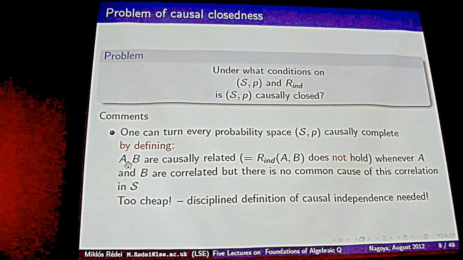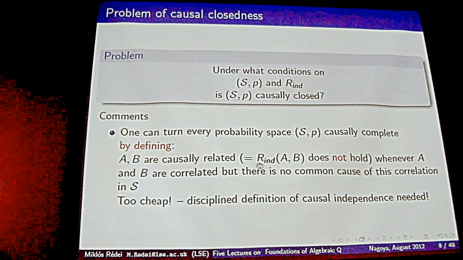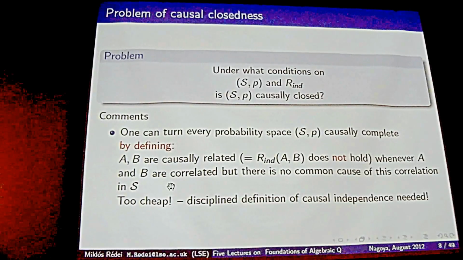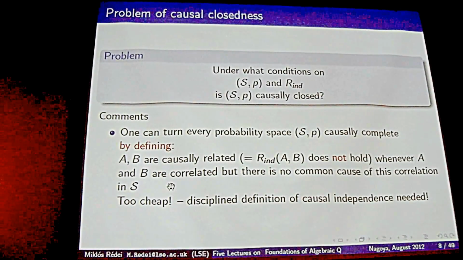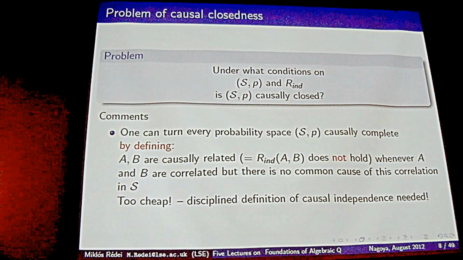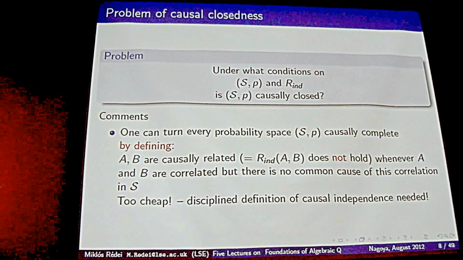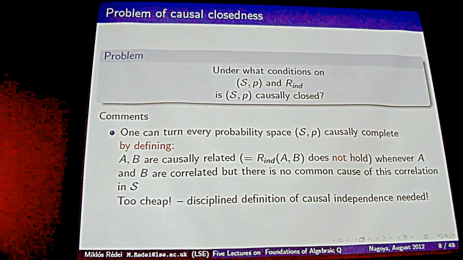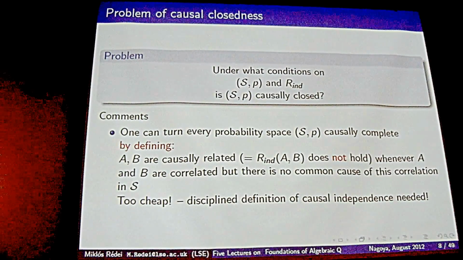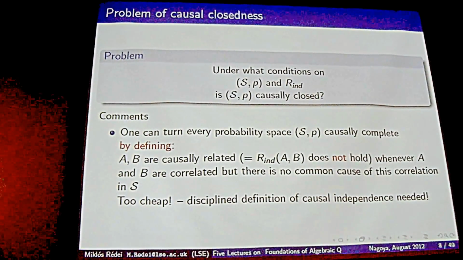Namely, you just say that the causal independence condition does not hold whenever A and B are correlated, but there's no common cause in the space of the correlation. But of course, this cheap way of making theories causally complete is not what you are interested in, for a number of reasons. You need a disciplined definition of causal independence. Again, there's a lot of room to play here, so a lot depends on how you define the causal independence relation.